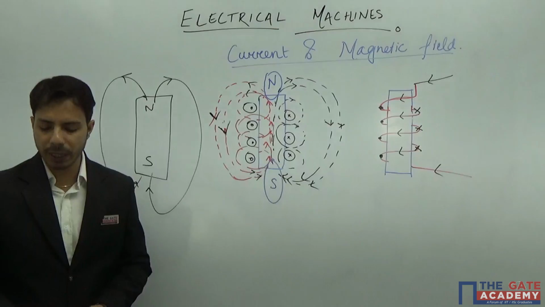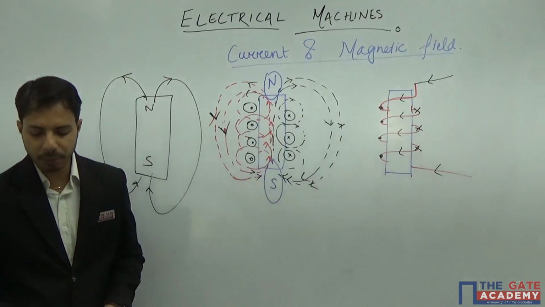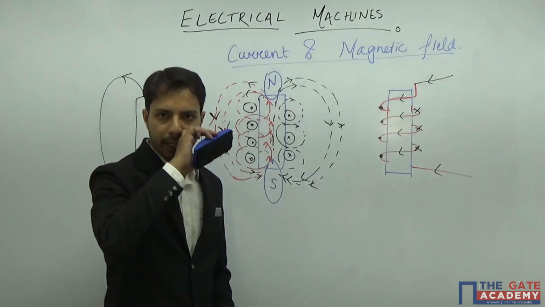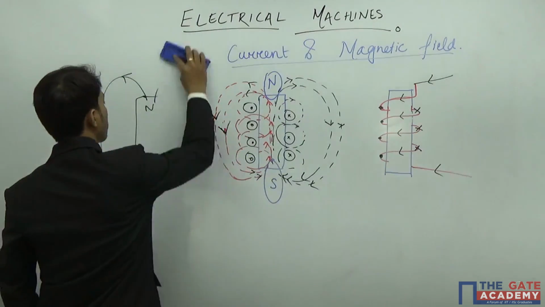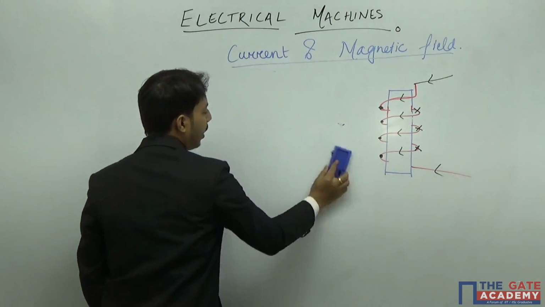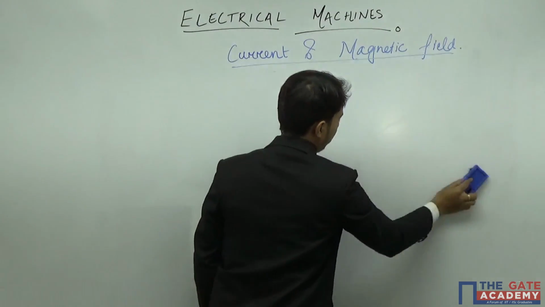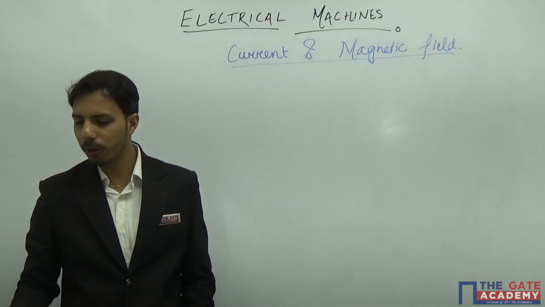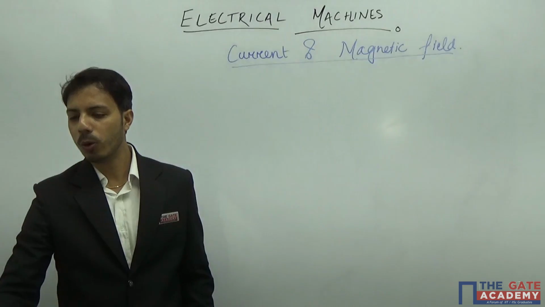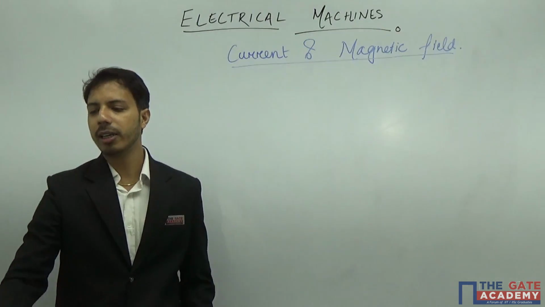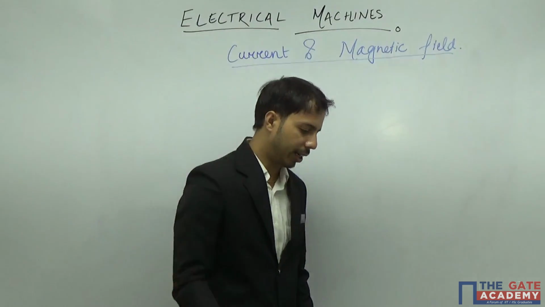So again I will repeat the statement which you have understood here: the first statement is that a steady current produces a steady magnetic field. Now let us see what else can be said between magnetic field and current.